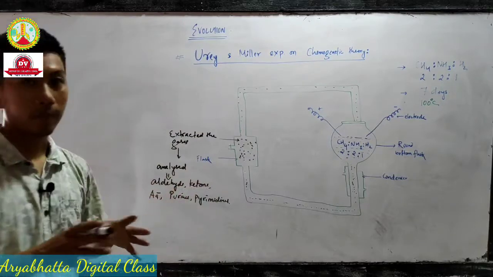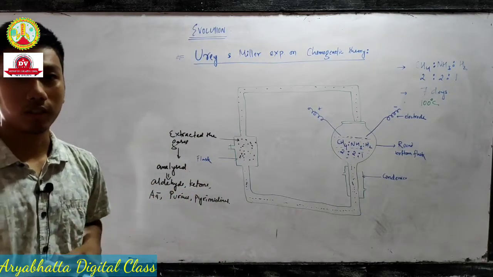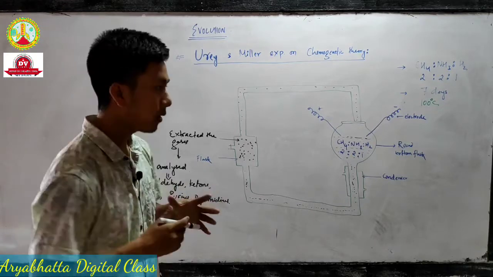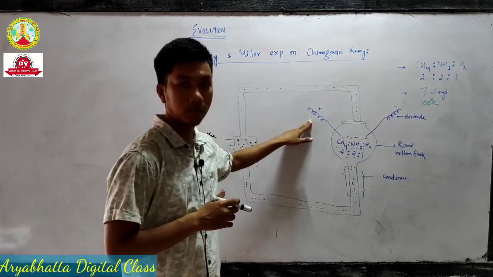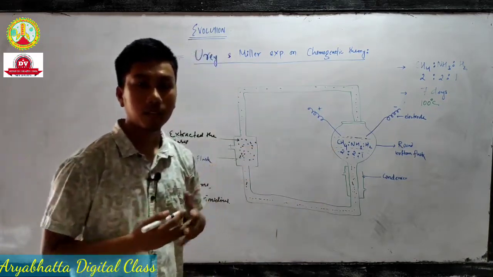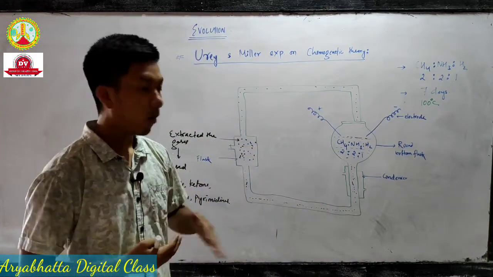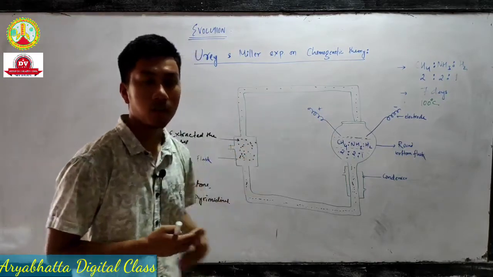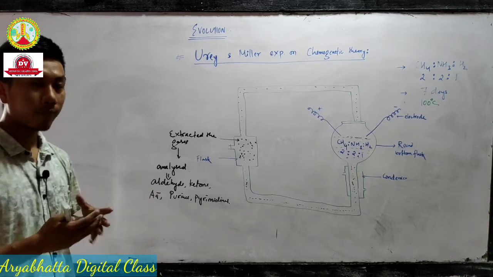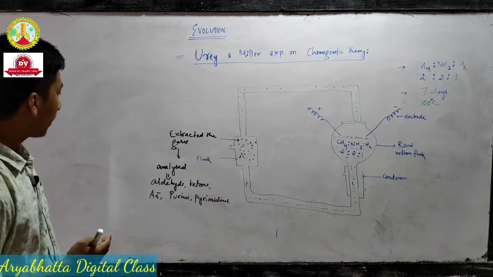So from this experiment, they concluded that in the presence of energy, here represented in the form of electrons, all those chemicals reacted, and after the reaction they were transformed into simple sugars like aldehyde, ketone, purine, pyrimidine, and amino acid.